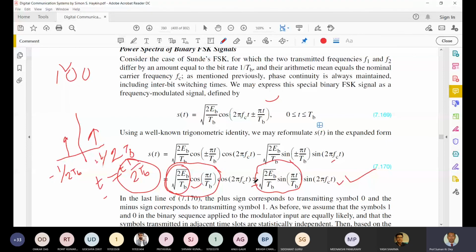So that's why the quadrature component is directly related to the binary sequence.